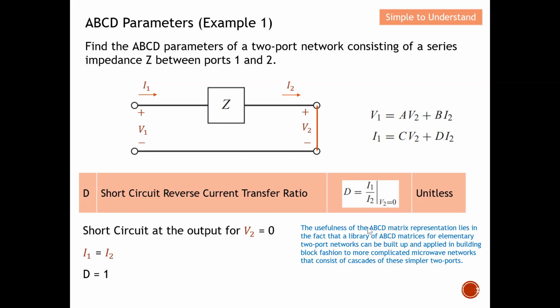Let me digest this for you. If we use the ABCD matrix, it's much more favorable because every simple ABCD matrix can be used to describe a two-port network. When they are cascaded together, we can easily find the overall ABCD parameters.